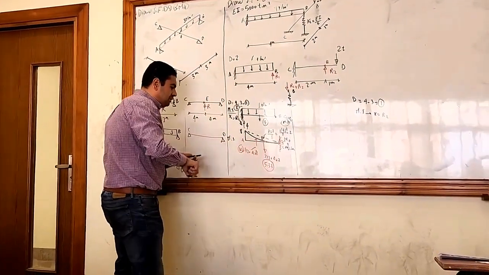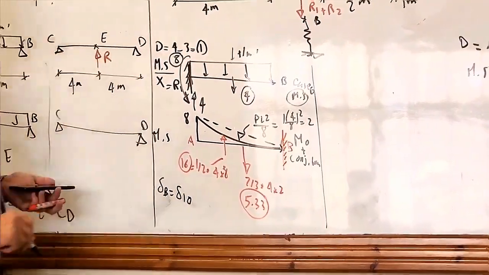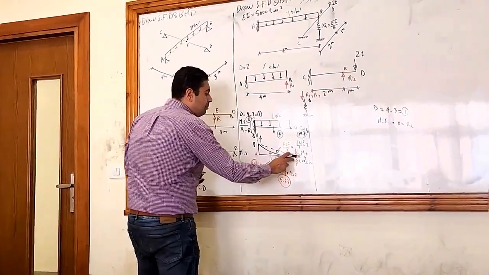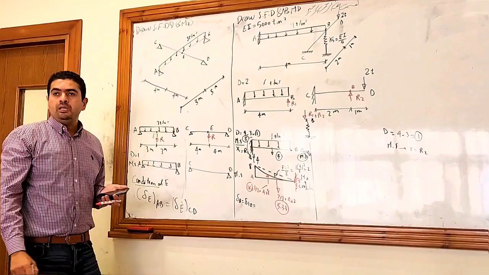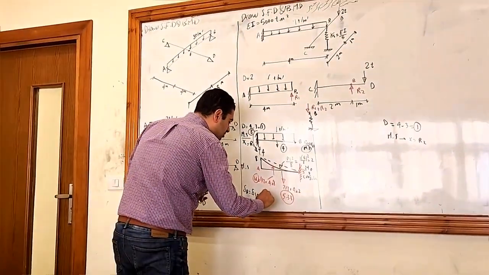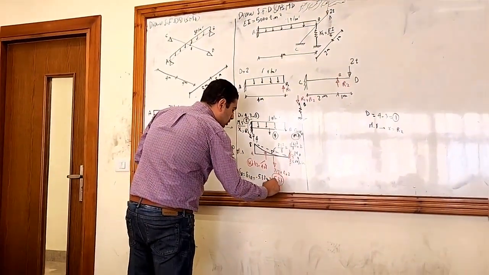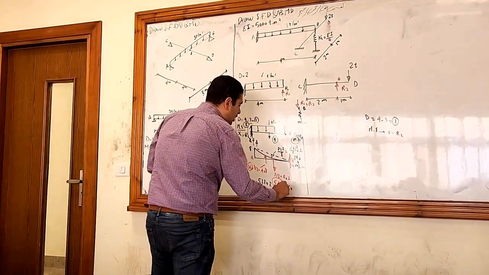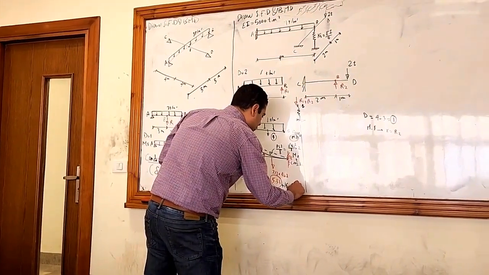Now I need to calculate delta at point B, which is called delta 1 node. Delta at point B, which is the moment at B. Let's calculate the moment here. I have two forces. The first force, 5.33, upwards, so negative 5.33, which is in the middle, so times 2, plus the 16 times 2/3 of the 4, which is, I think, 2.67.